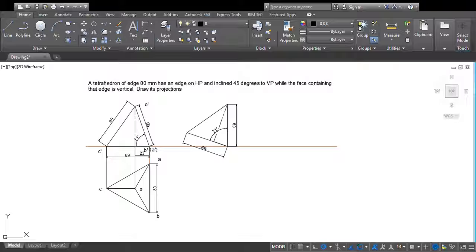This is O1 dash, this is O1 dash, this is C1 dash, and this point is B1 dash, A1 dash. So I got that line also. Now I just draw these projection lines from here like this.